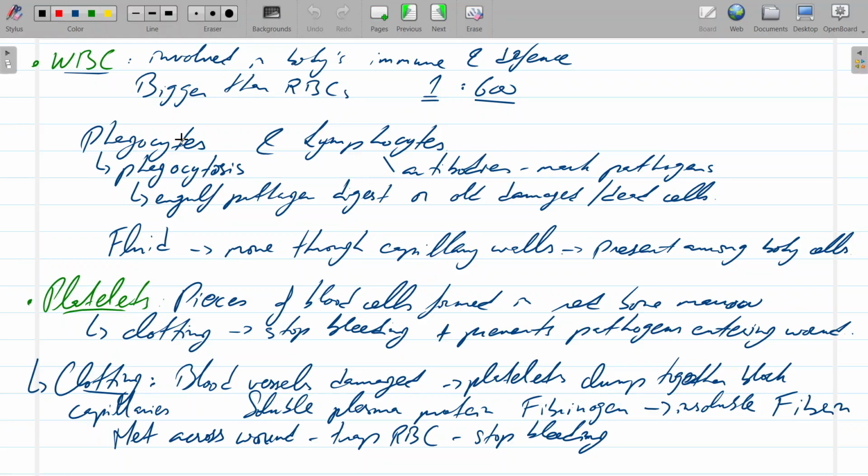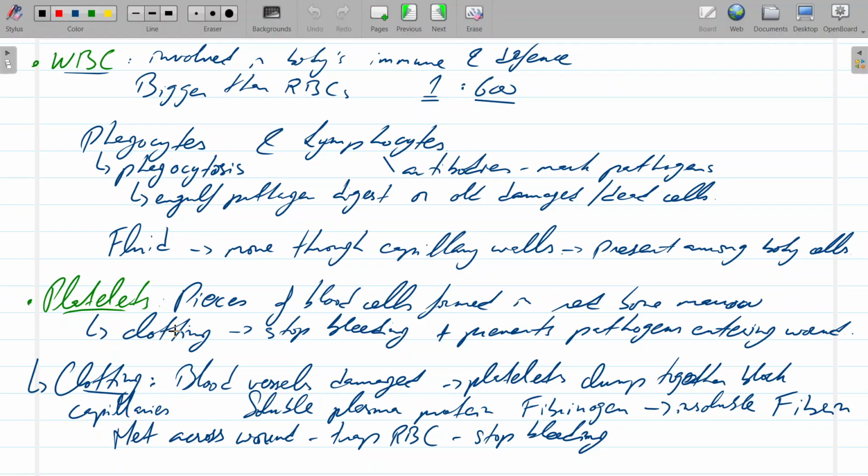There are two types: the phagocytes, which perform phagocytosis, which is engulfing pathogens and digesting them, or not pathogens, perhaps old or damaged or diseased cells. Lymphocytes produce antibodies which mark pathogens or mark cells that have been infected or diseased or damaged in some way that need to be removed. And so these lymphocytes call in the phagocytes to act.